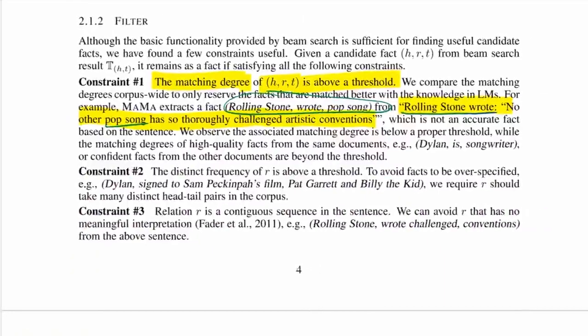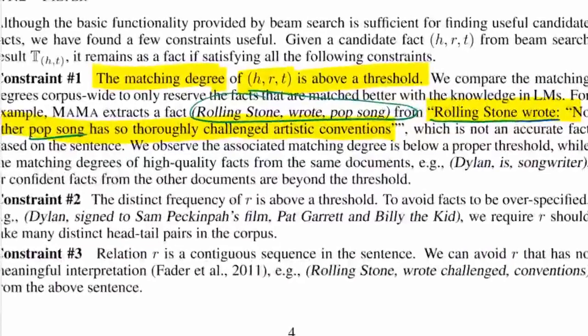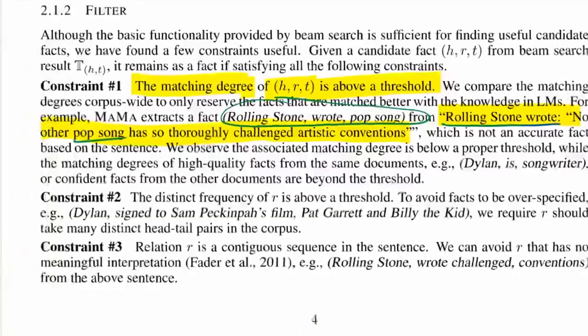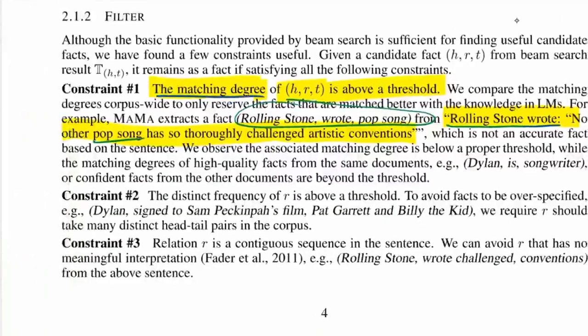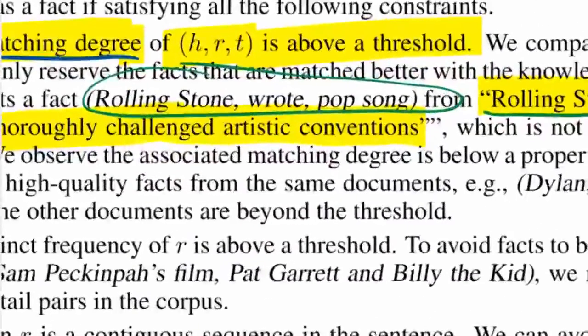So, to limit the matching degree, to say it must be at minimum some number, makes a lot of sense, because if the matching degree is high, that means, if we go by this attention matrix, that the words in the candidate fact, as themselves, follow from each other.